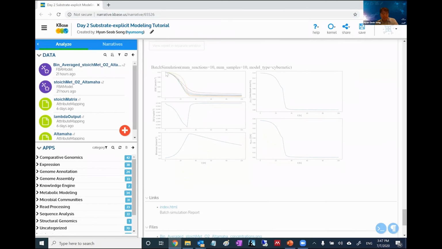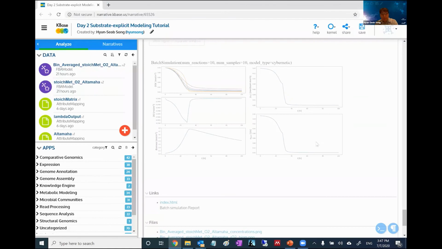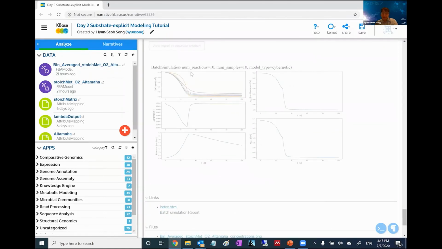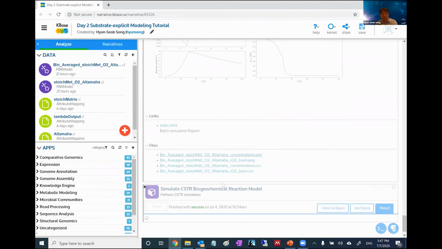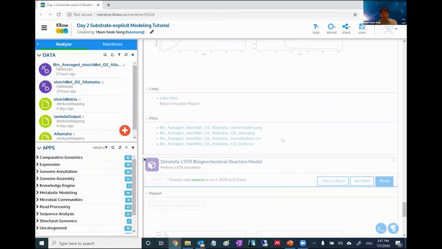This compound is not preferably used in the beginning, but is consumed later when the concentrations of other compounds become lower. Because of this regulatory effect, the curves are not necessarily smooth, but there are some discontinuous changes, still continuous, but very non-smooth changes can be observed. And you can also download all output files from here as CSV files or image files.